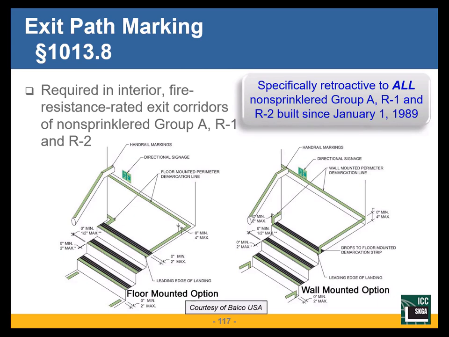New construction, you're probably not finding it. However, there is a retroactive requirement that says I've got to comply. I've got to add this into my existing building if it's non-sprinklered and it's A, R1, or R2. I have to do that.